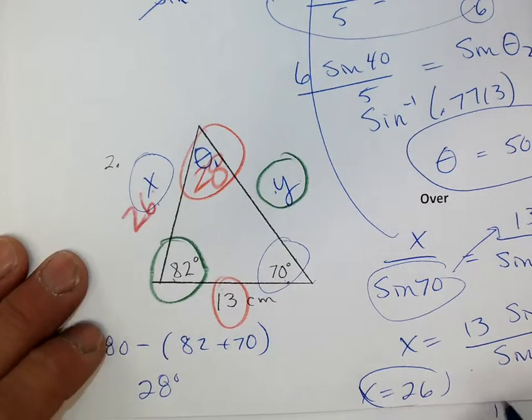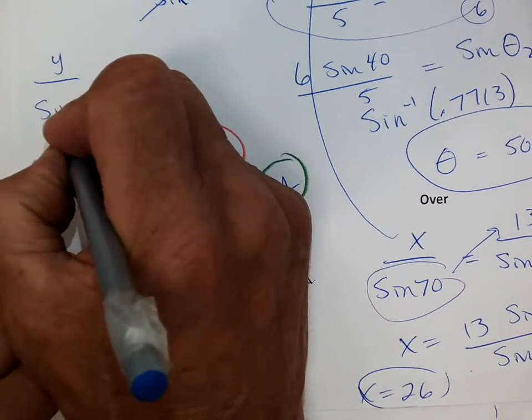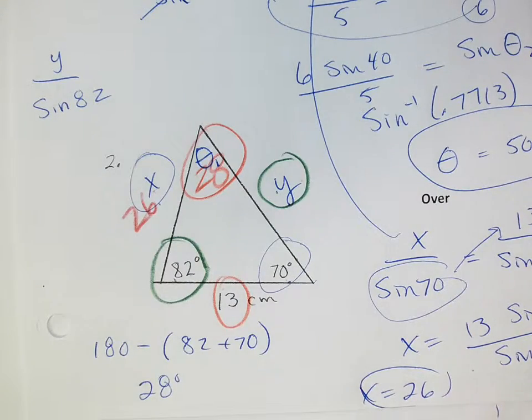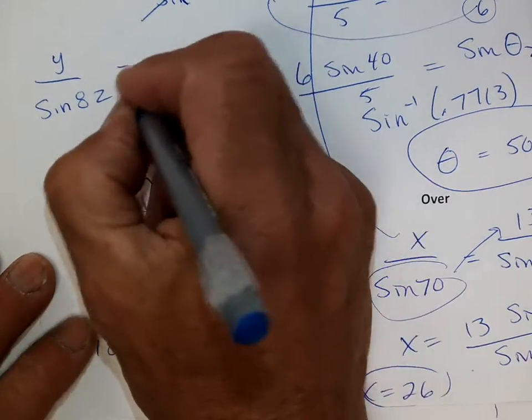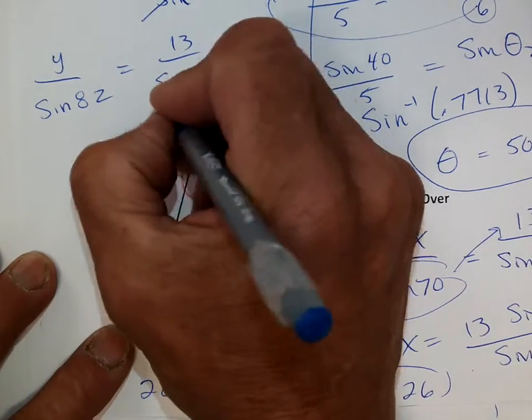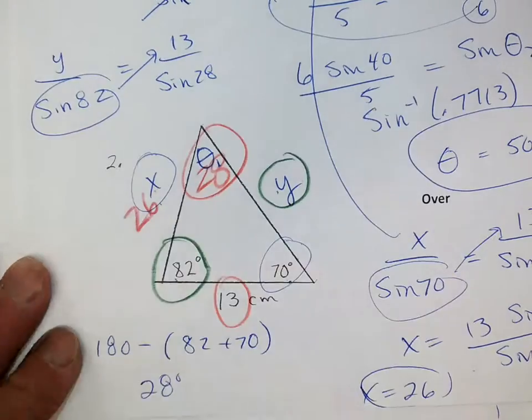So I'm going to write down simply y over the sine of 82. So it's side over sine of its opposite angle equals my 13 over my sine of 28. And again, I'll cross multiply and bring that up there, right?